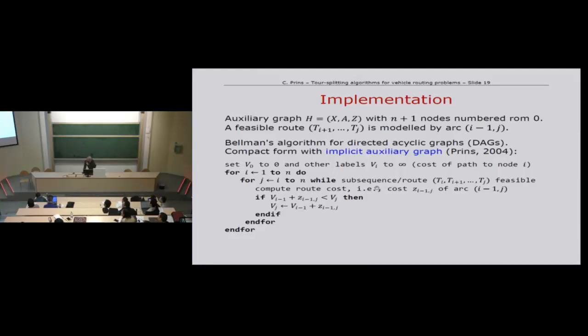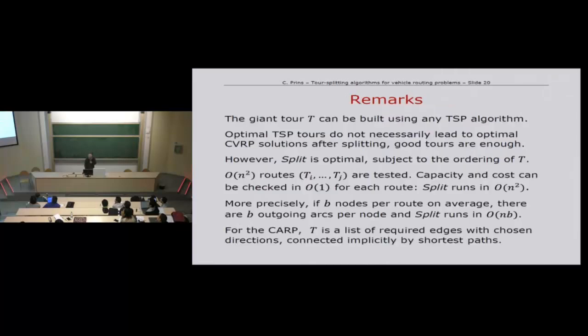So provided this subsequence Ti, Tj is feasible, you can compute the cost of this route. You compute the sum of the arc cost, and then you update directly the label Vj of the destination node in the auxiliary graph, but you don't need actually to build the auxiliary graph. So we call that the implicit auxiliary graph. So it consumes less memory, and it's also faster, of course.